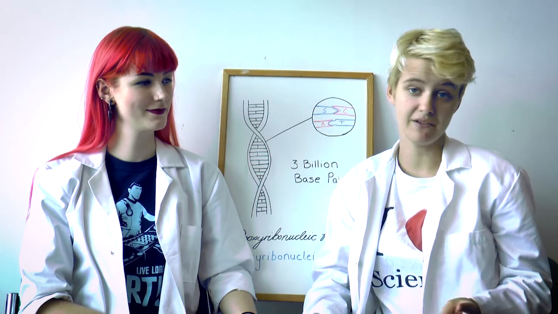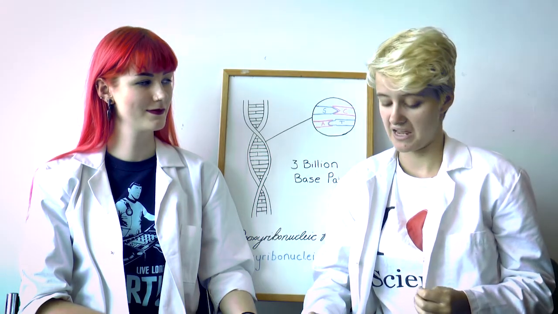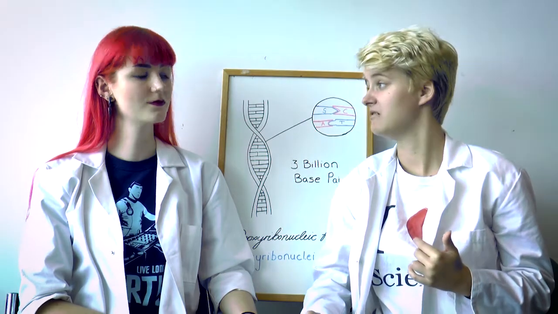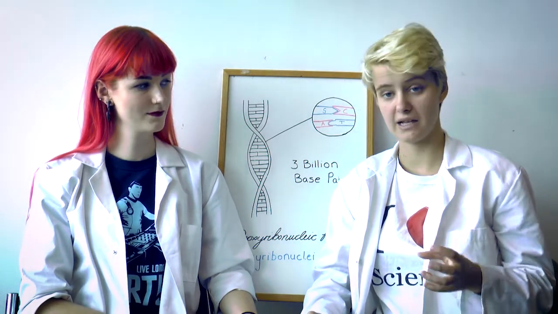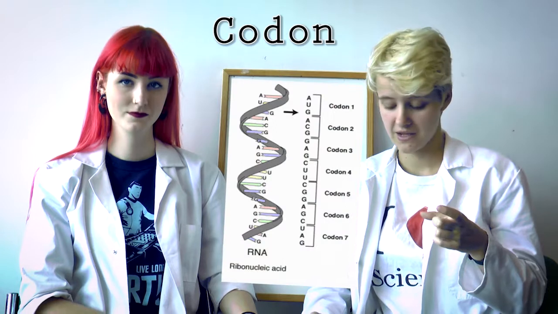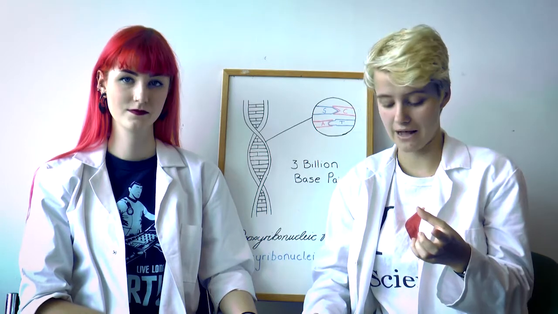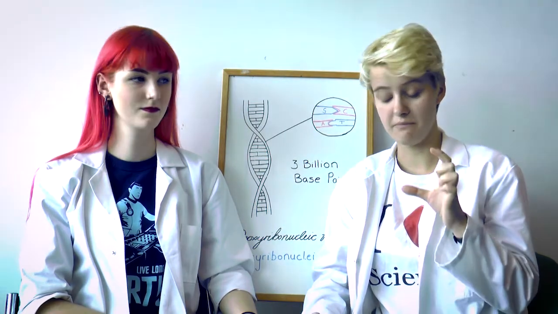A set of 3 of these base pairs, so say GC and AT and TA, would make what is called a codon. Each codon is like a little sentence. It's a little instruction to the cell to build an amino acid.